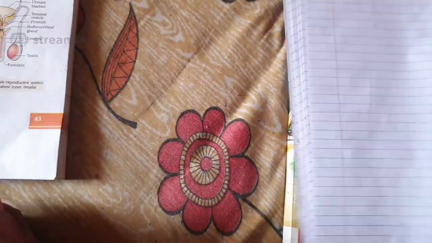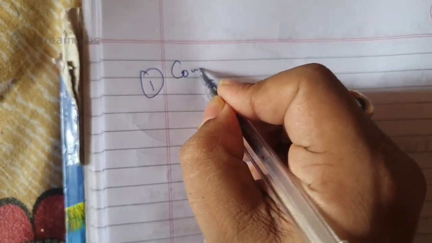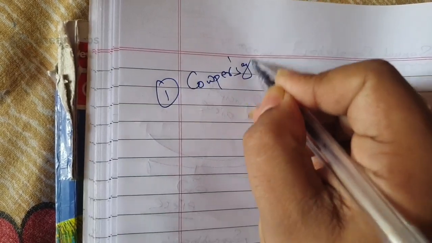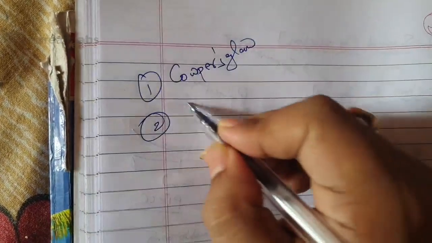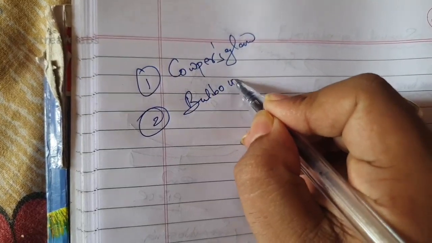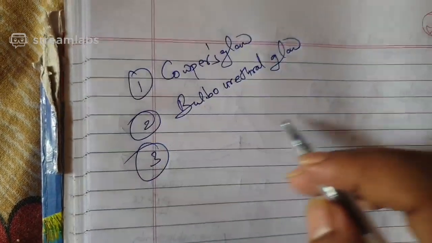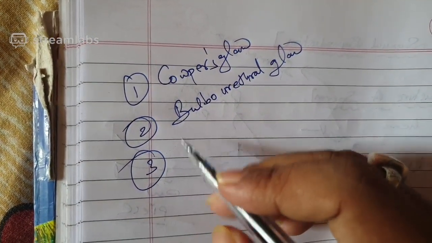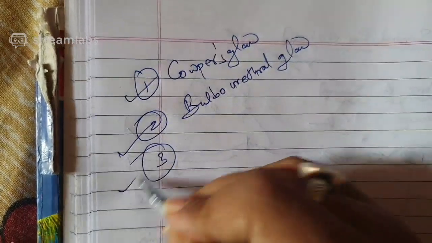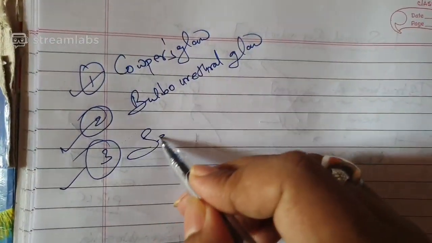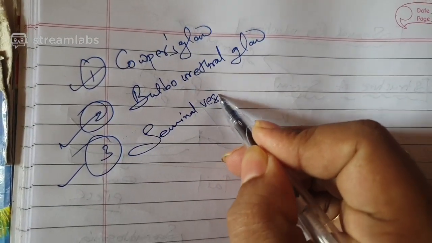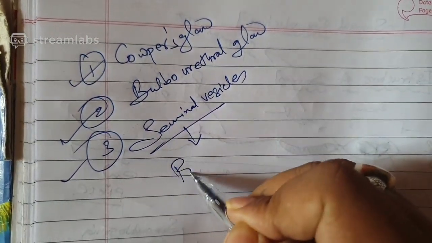There are three glands. Seminal vesicles produce semen.